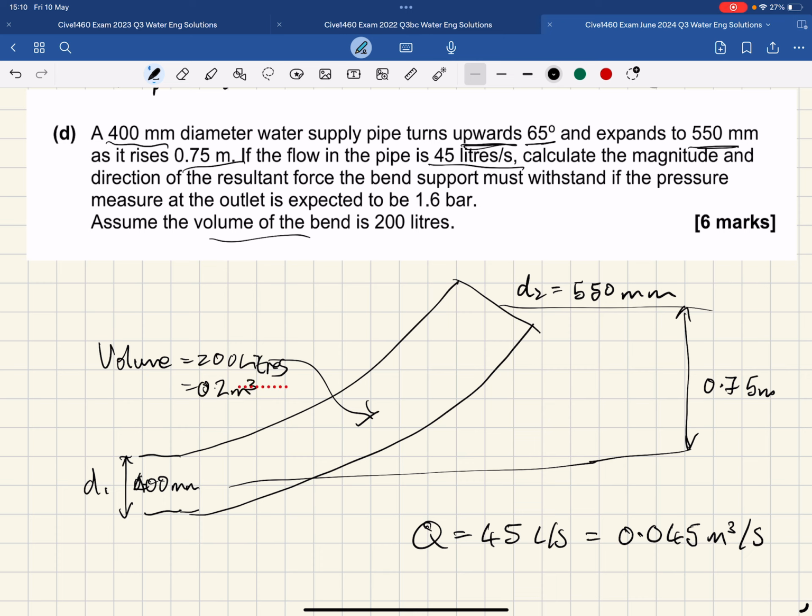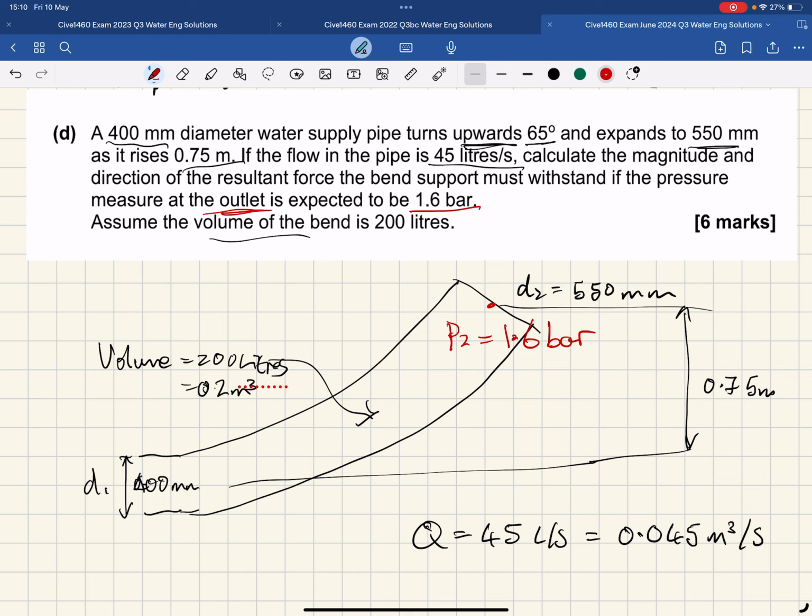Now the last bit of information not highlighted is 1.6 bar at the outlet. So quite often we're given the inlet pressure, but this time we've got P2 is equal to 1.6 bar. Now we'll convert that to newtons per meter squared in a moment.